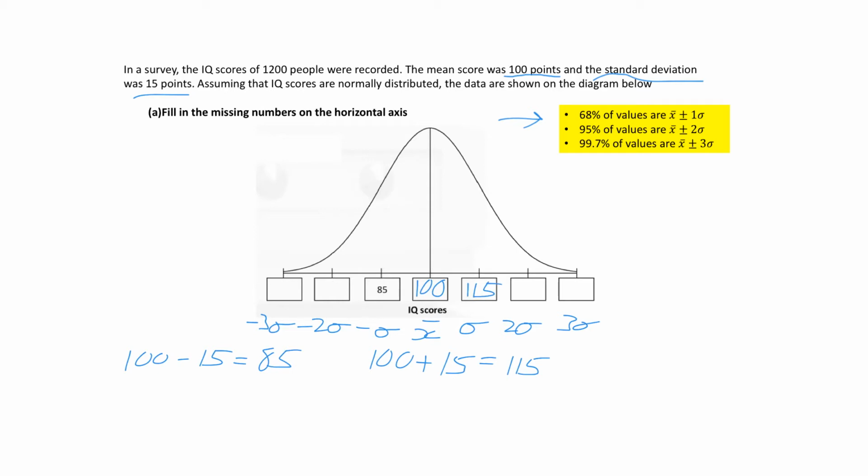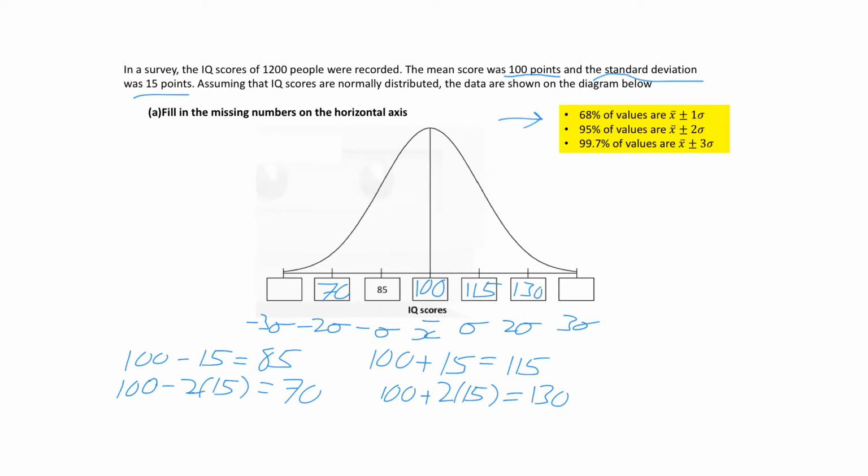Next one then, we're going to do 100 minus 2 standard deviations, so 100 minus 2 15s, so 100 minus 30, which is 70. And then we're going to do 100 plus 2 standard deviations. So 100 plus 30 is 130.